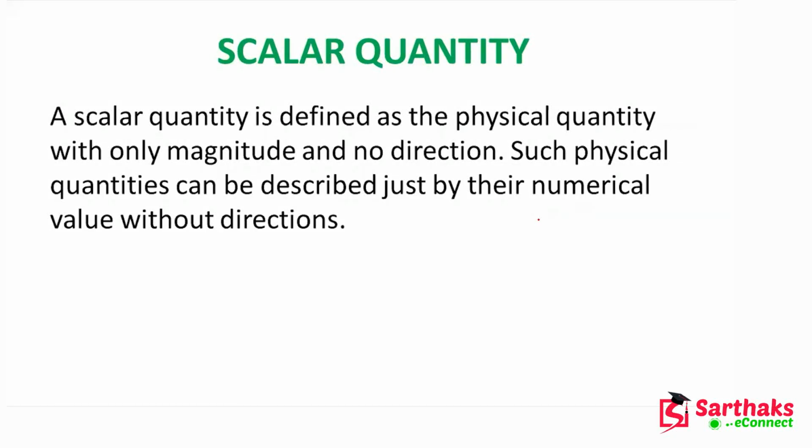Now, scalar quantity. Motion in all dimensions we have studied, different types of motion we have studied. But scalar quantity and vector quantity we will study because it is very relevant to dimensional motion, right? So scalar quantity is defined as the physical quantity that has only magnitude, not direction.